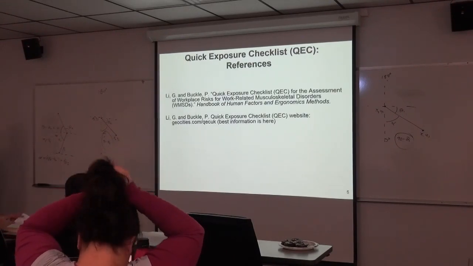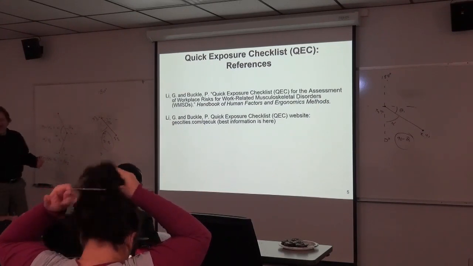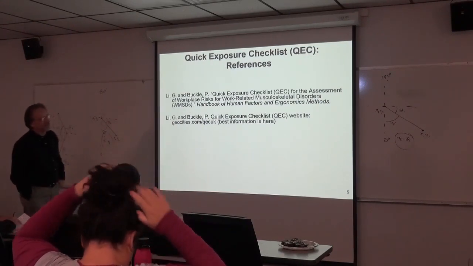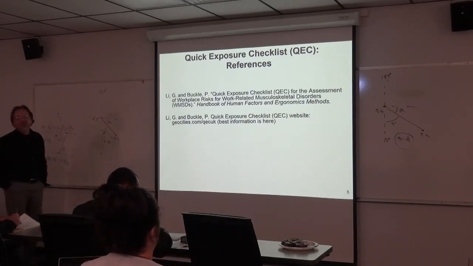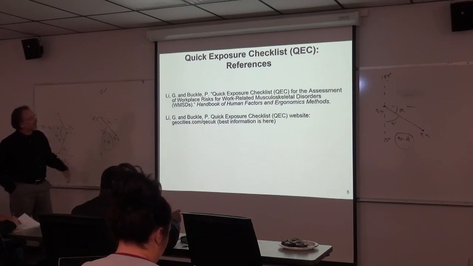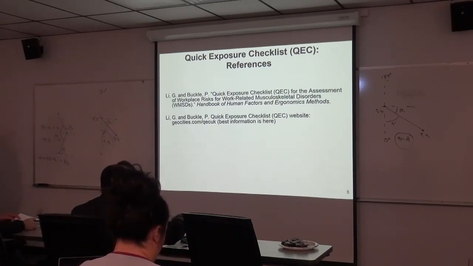Quick exposure checklist is a good first cut. And that's why I originally had it first there, but we were a little bit pressed for time, so I thought that I'd skip it. But this is the first cut, and these are some good references on it.